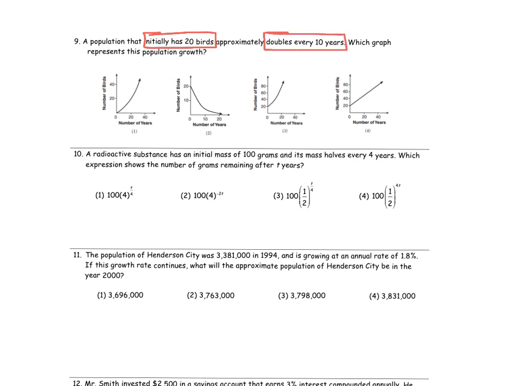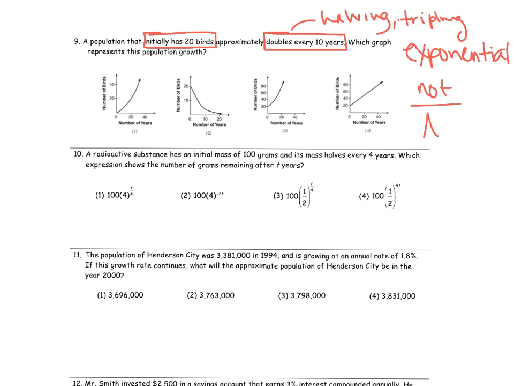So remember what I said, when you see doubling, halving, when you see tripling, etc., it gets cut in half, it multiplies by 2, you should be thinking exponential. Do not fall for the trap of linear. So not linear. Things that double and triple are not linear. Linear is that constant rate of change.